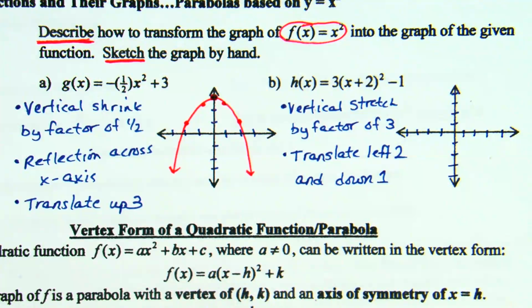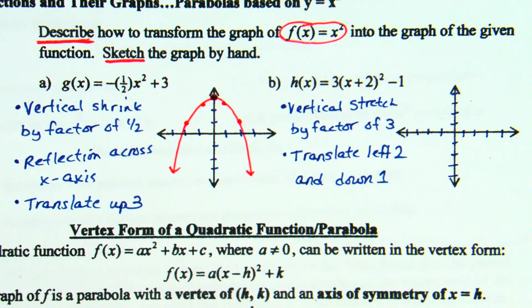It's a vertical stretch, so we're multiplying the y by 3. So 0, 0 would still be at 0, 0. 1, 1 becomes 1, 3 because you're multiplying that y value by 3. 2, 4 becomes 2, 12 because we're multiplying that y value by 3.